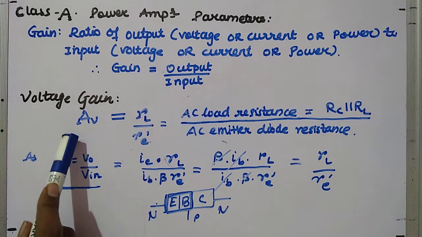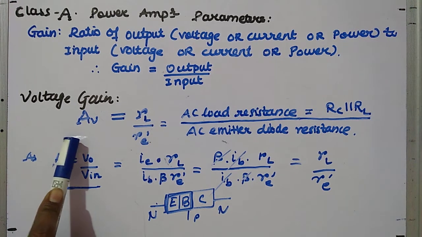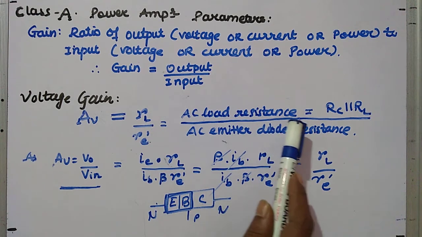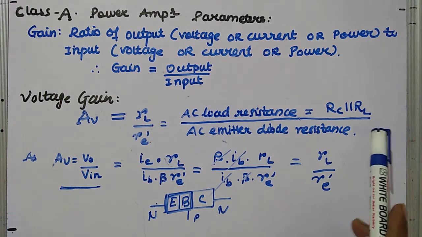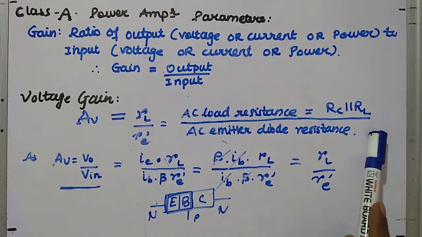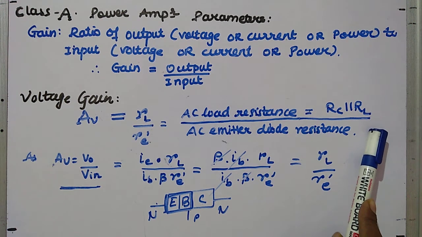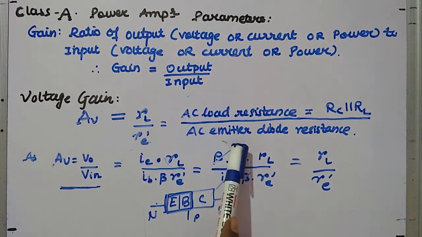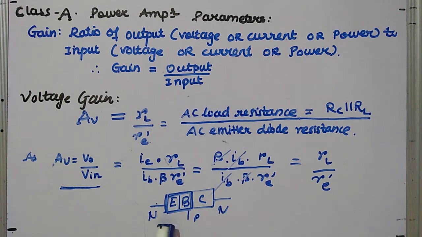Hence I have written the formula: voltage gain equals RL, where RL is the AC load resistance. The AC load resistance equals the collector resistance in parallel with the actual load connected, divided by the AC emitter diode resistance, meaning this emitter to base diode.